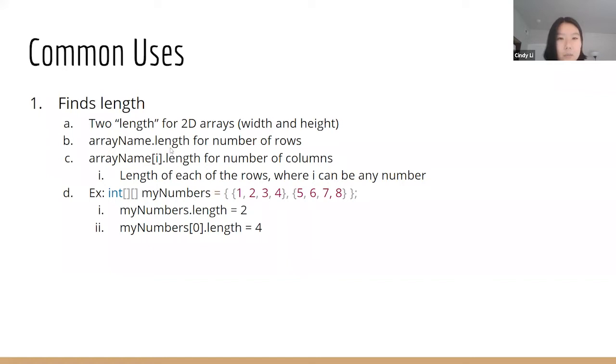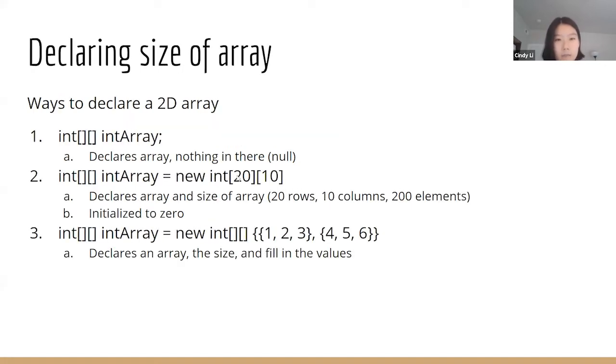Now there are some common uses for each array, finding the length. Because we are working with 2D arrays, there are 2 dimensions, the width and the height, and there are different commands that you use to find the width and the height. So, array name dot length is for the number of rows. So, how many rows does the array have? And if you remember, row comes first. It's this value right here. The first value.